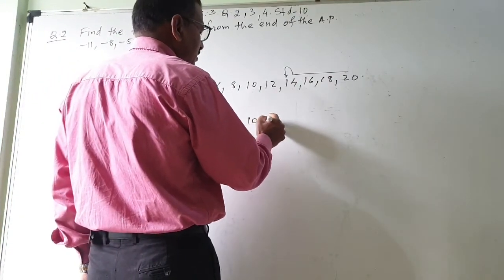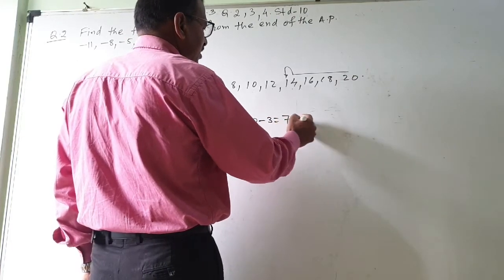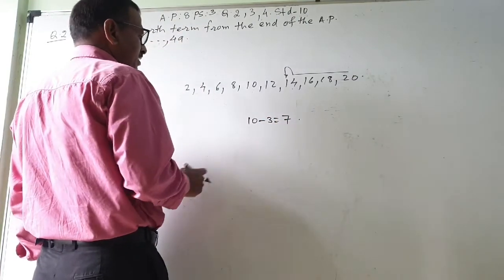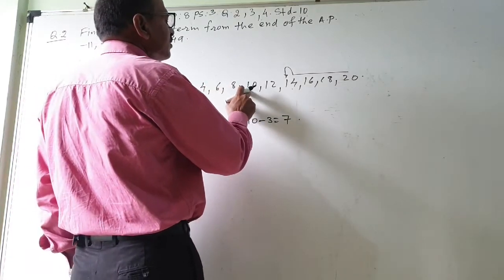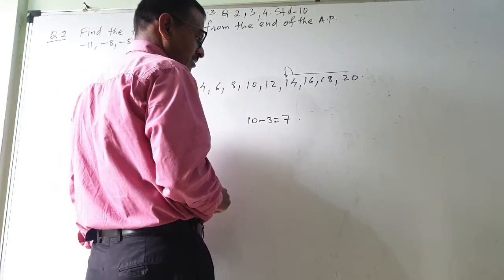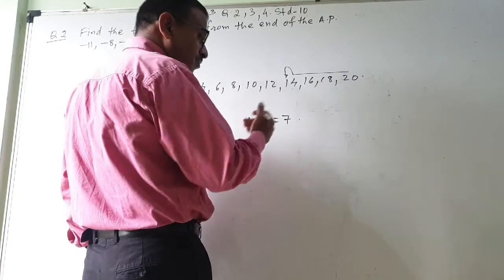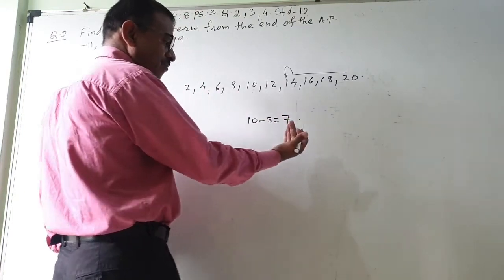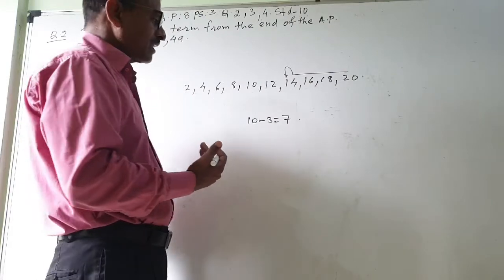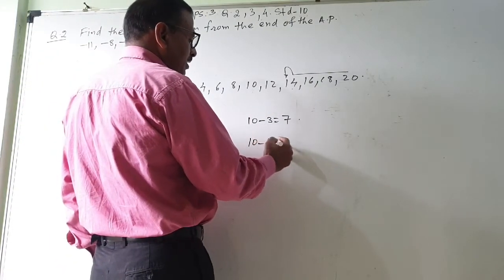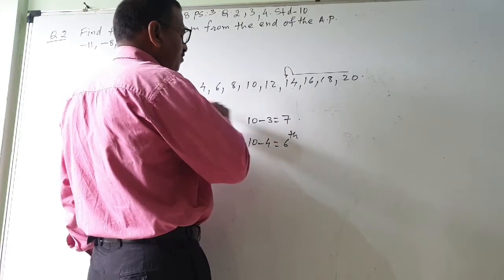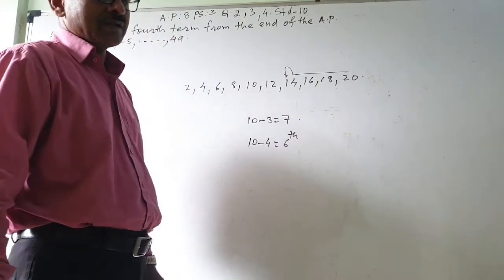So, 10 minus 3 is equal to 7. From the beginning, which term is it that I am searching? 1, 2, 3, 4, 5, 6 and 7. I want the fourth term from the end. That doesn't mean total terms 10 and 10 minus 4, equal to the 6th term from the beginning. It doesn't mean that.